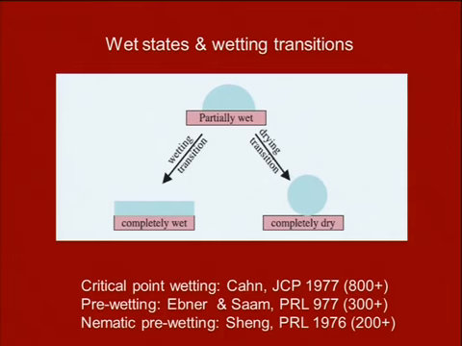This equation was written down in the 1800s, but there was a sort of revolution in the 70s, when John Cahn realized that if you start from a situation where the wetting is partial, so the droplet does not spread over the solid, then if you increase the temperature as you approach the critical point of the coexisting liquid and vapor, there should be a transition to completely wet.